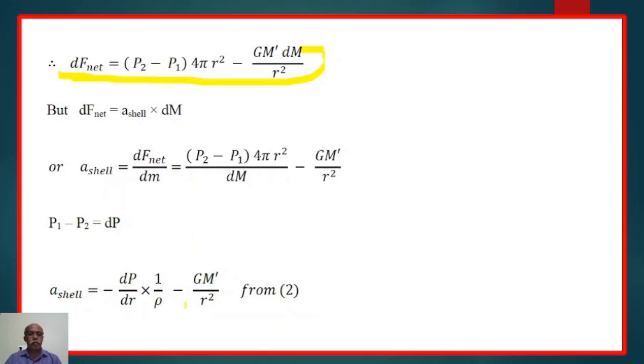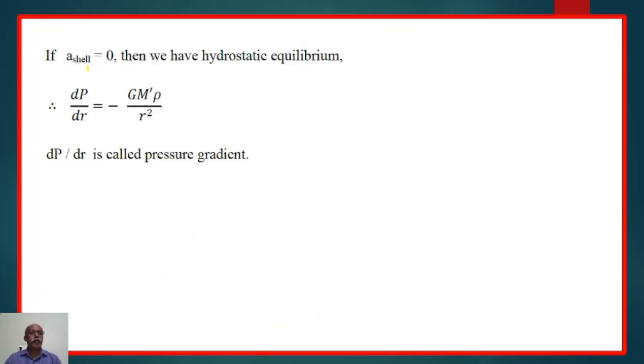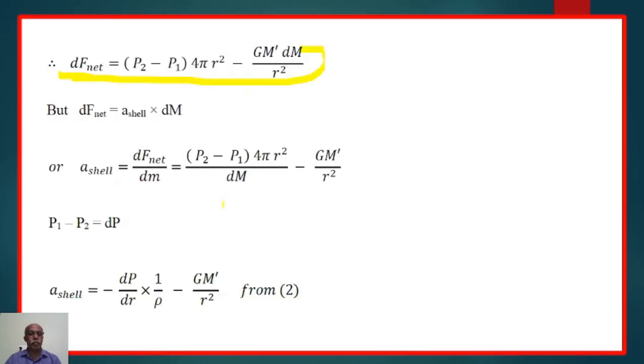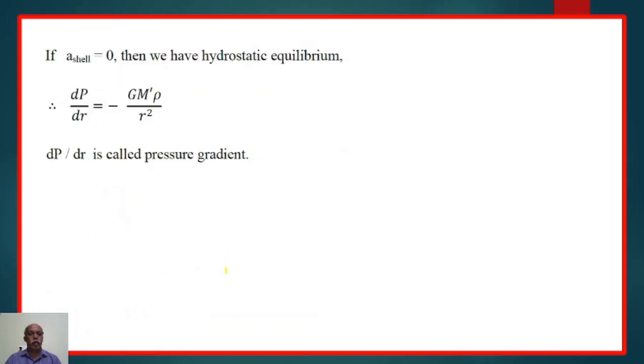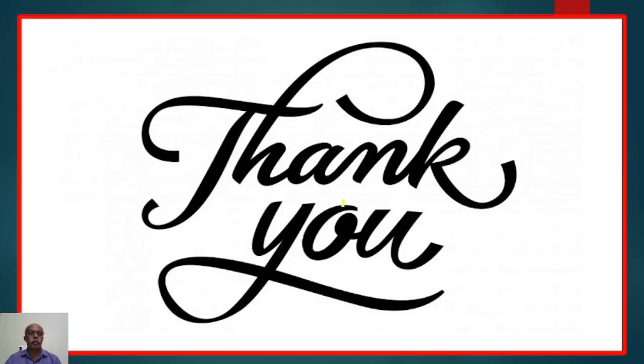Finally, if a shell is equal to 0, then we have the hydrostatic equilibrium condition, and therefore dP by dr is equal to minus G m dash rho by r square. Now this quantity dP by dr is called the pressure gradient. Thank you.